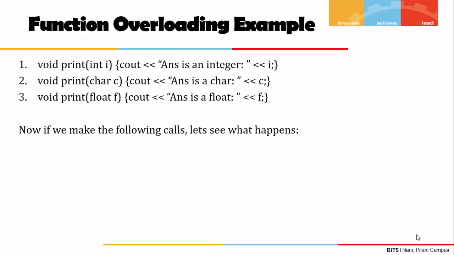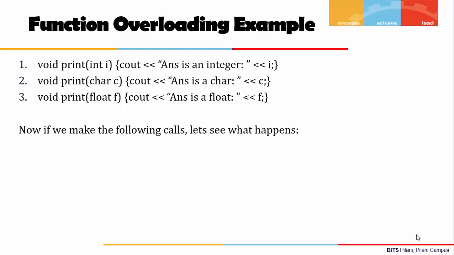In this example, all the functions are overloaded because function print is called with an integer argument at first, then with a character argument, and finally the same function is called using a floating point argument. Although the return type of all these functions is the same, that is void, it's not mandatory to have the same return type for all overloaded functions.